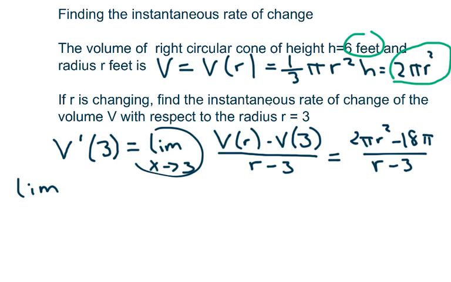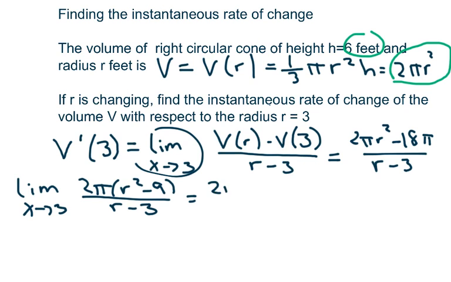The limit as x approaches 3, I'm going to factor out a 2 pi of the numerator, and I'm going to get r squared minus 9 over r minus 3, which equals 2 pi times r minus 3 times r plus 3 over r minus 3.